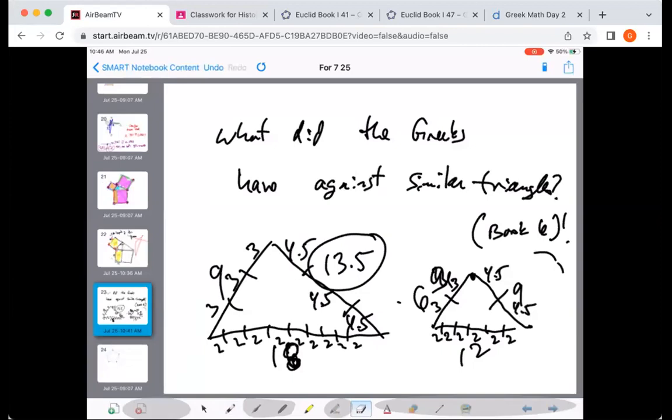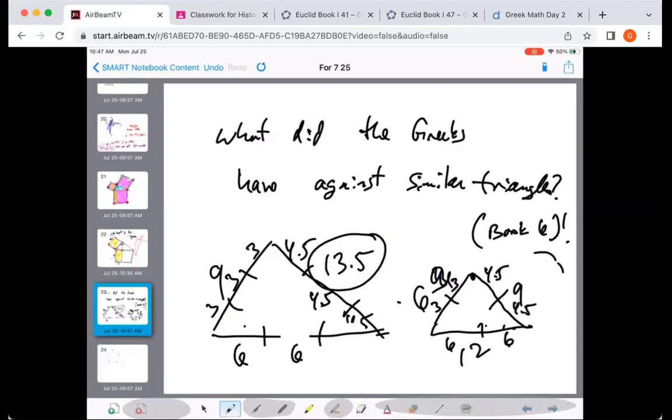For our purposes, it might make more sense if I don't use the smallest possible one. So for this, I'm going to make it 6, 6, and make this 3 6s. This is going to help us understand it better.